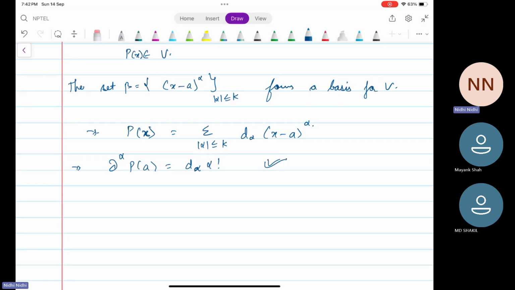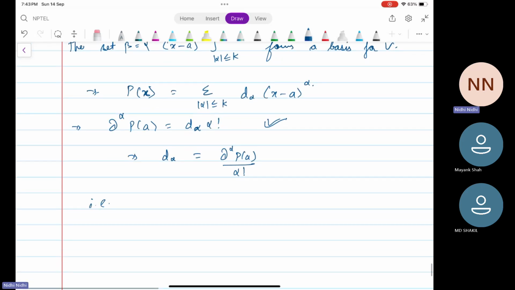This gives us that the coefficients d_alpha are nothing but del^alpha p(a) upon alpha factorial. That is, p(x) is equal to the sum over mod alpha less than or equal to k of 1 upon alpha factorial del^alpha p(a) times (x minus a) to the power alpha.